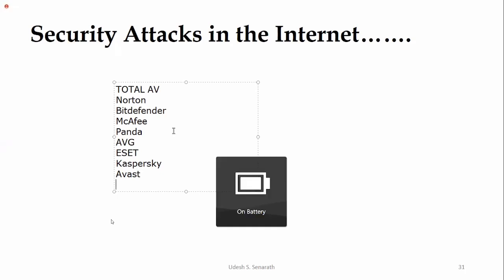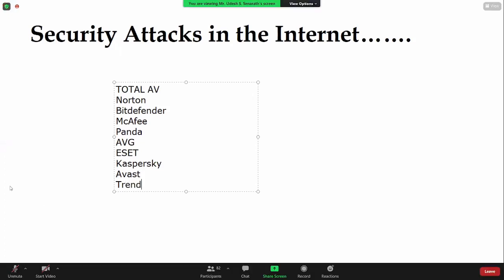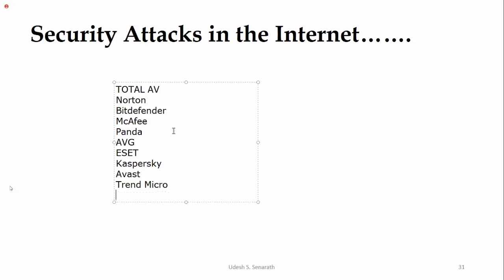Trend Micro. That one is also a good antivirus software. And the best one is Microsoft Defender. Avira, the umbrella mark, Avira.